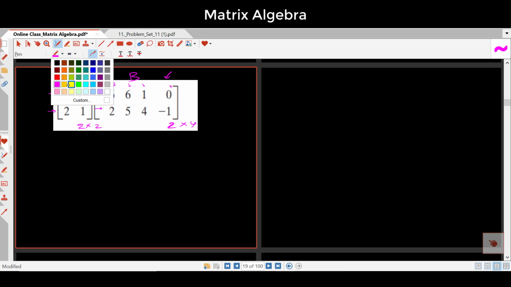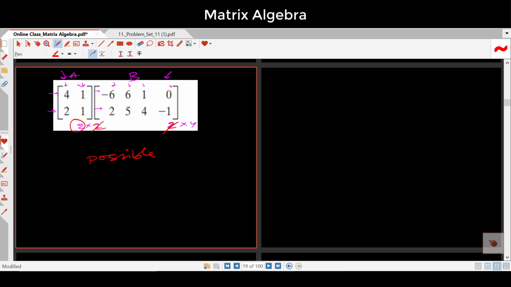So multiplication will be possible if the column of the first matrix and the row of the second matrix are the same. So here you can see 2 and 2 are the same. So multiplication is possible. Now what about the order of the new multiplication matrix?